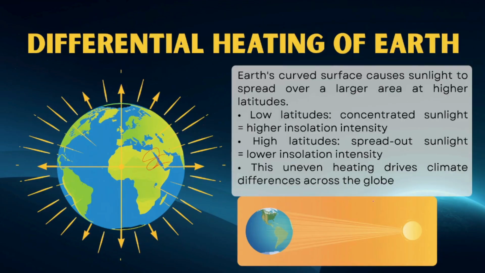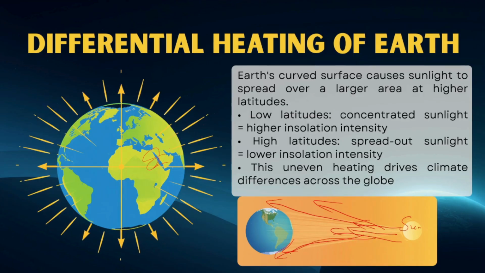So how can we differentiate the heating of the earth? Because the earth is curved, sunlight does not fall equally everywhere. Areas near the equator receive concentrated sunlight, while areas near the poles receive scattered sunlight. Very clearly we can see here, this is the sun, and the sun rays are scattered by the time they reach the poles.